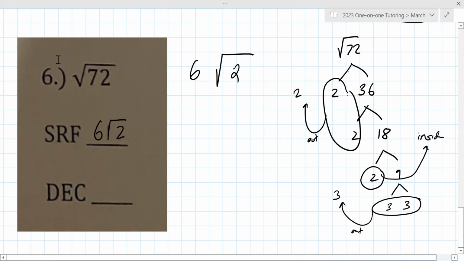I want you to calculate it completely. 8.5. Very good.